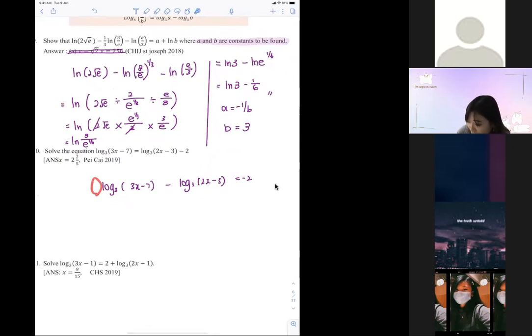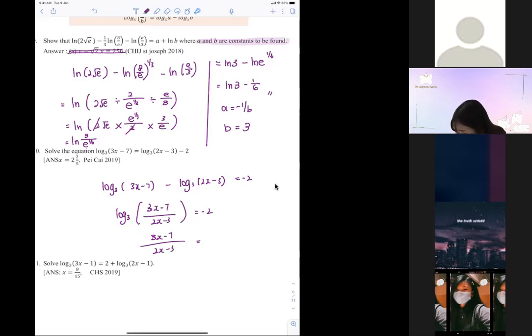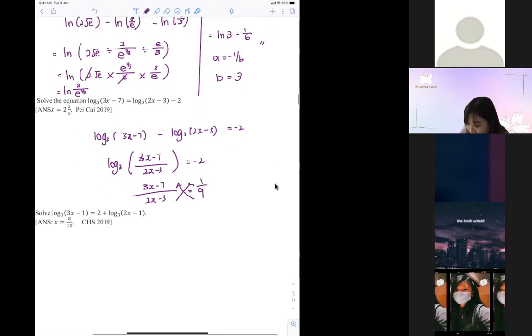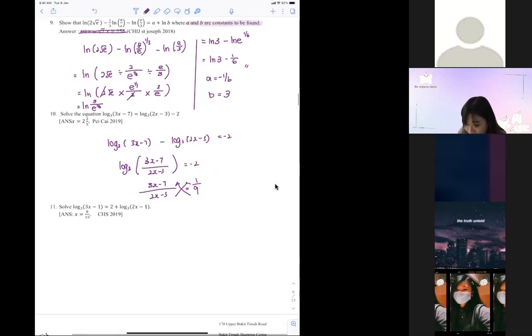But before that, check that the power of log is 1. Minus means divide. Now you don't want the log anymore. Base bring over. 3 to the power of minus 2 is 1 over 9. Just cross multiply and find x. You will get the answer.